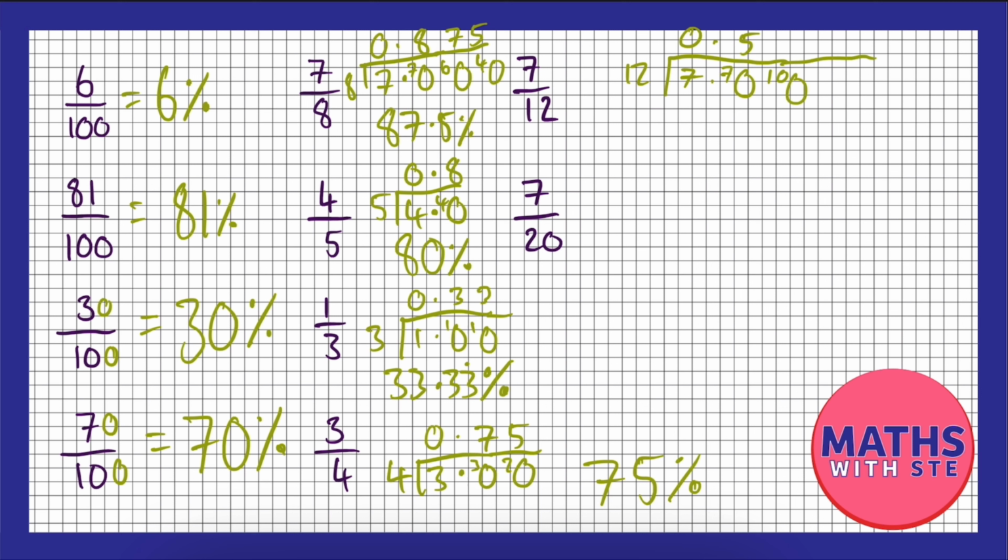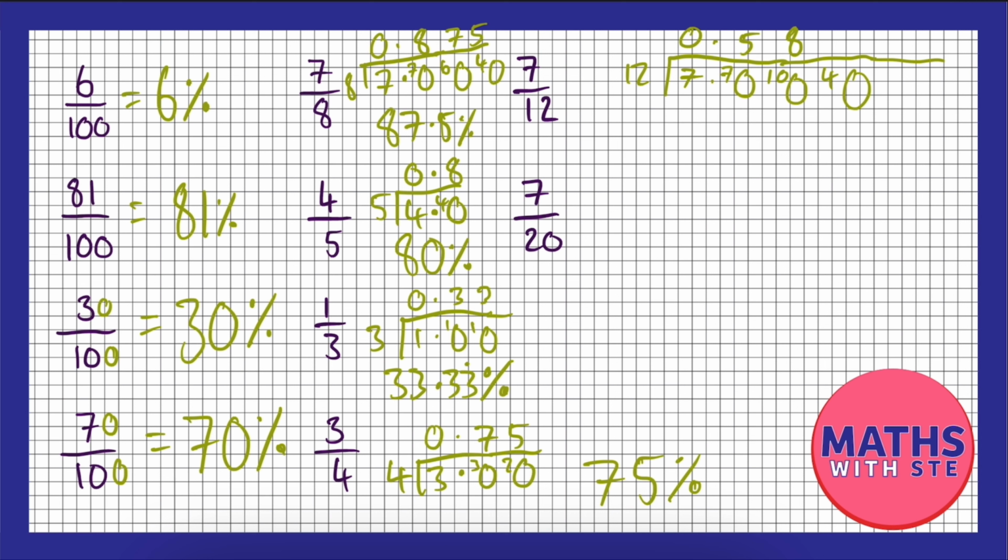So it's going to be 100. Okay. How many times does 12 go into 100? Ooh, what is that? Okay, so we got 72, 84, 96, don't we? So that's going to be 8 times altogether, with 4 left over.